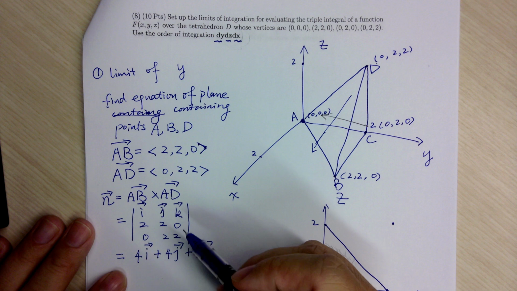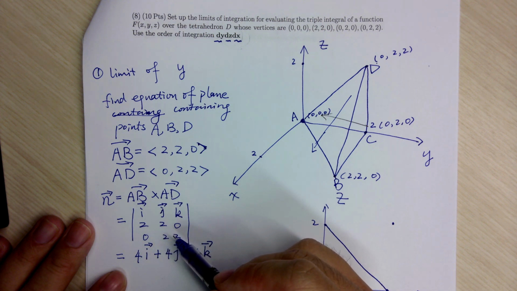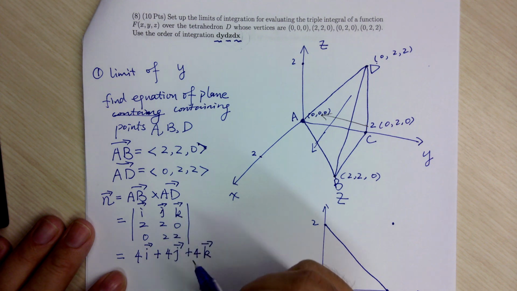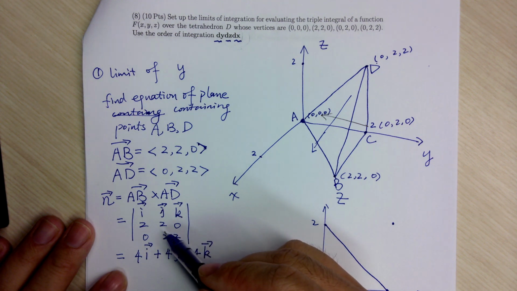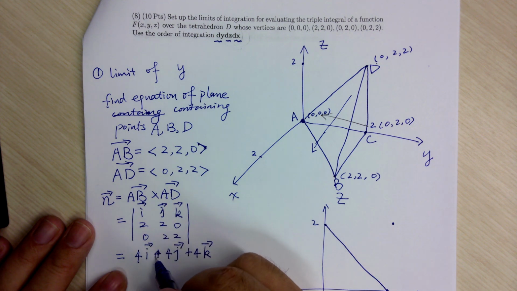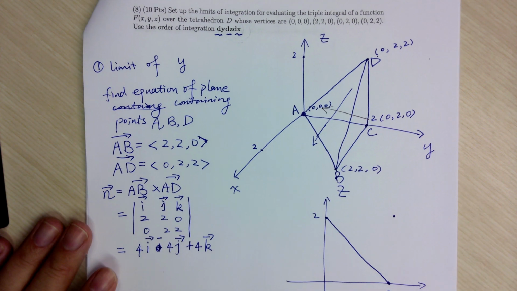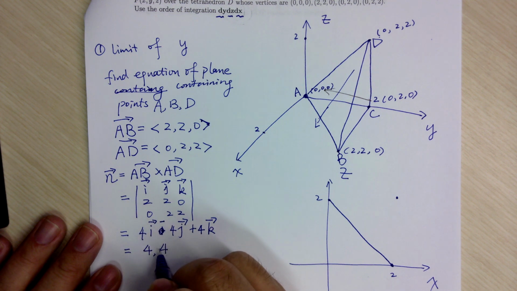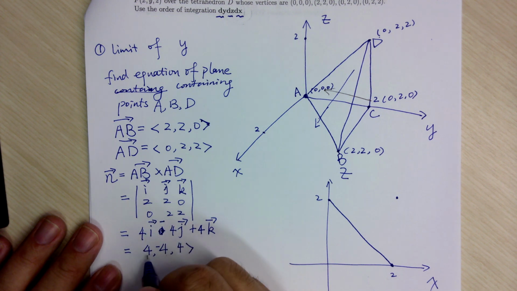Let me double check that. Hold on, I think I made a mistake. When you calculate this j, it's 2 times 2 minus 0, but there is a negative sign here, so it's going to be negative. So the vector is 4, negative 4, and 4.